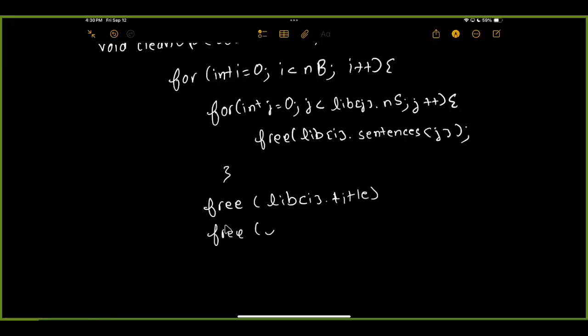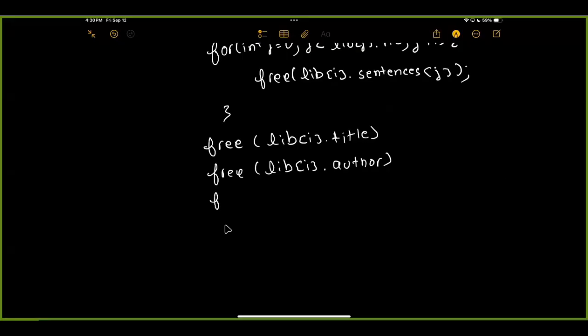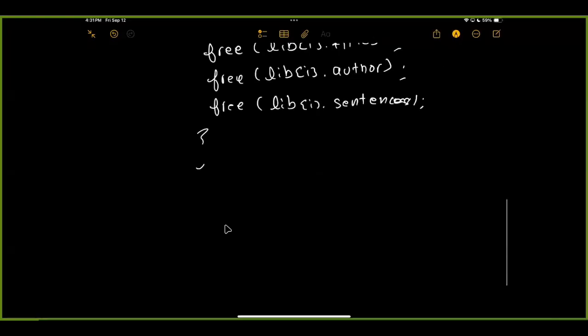Free lib at the i position dot author, right? Once I've done that, I'm gonna do free lib i dot sentences once, and then I'm gonna free the library itself.